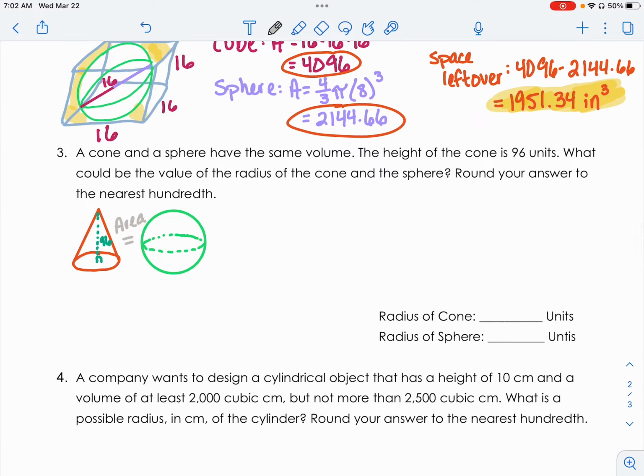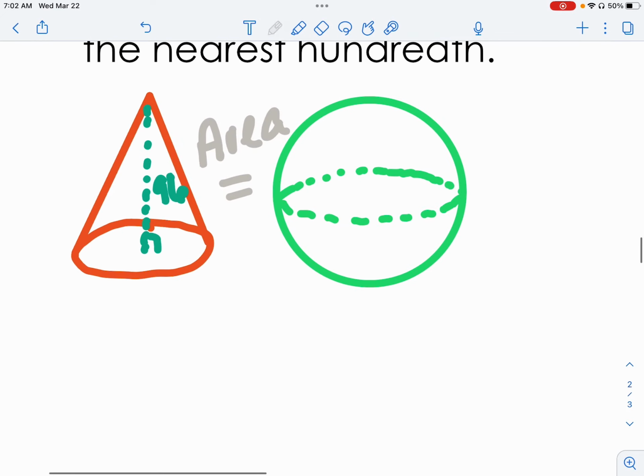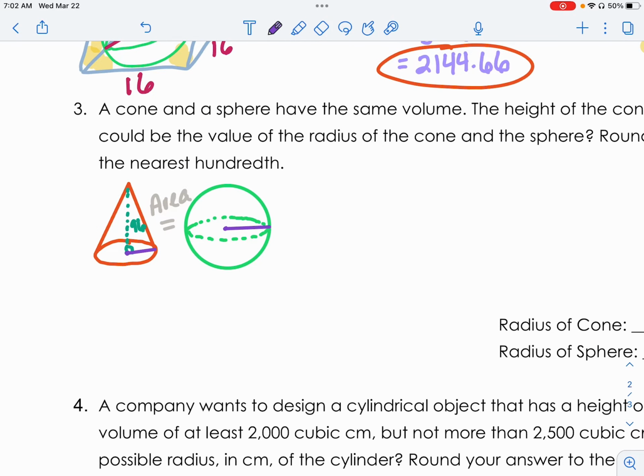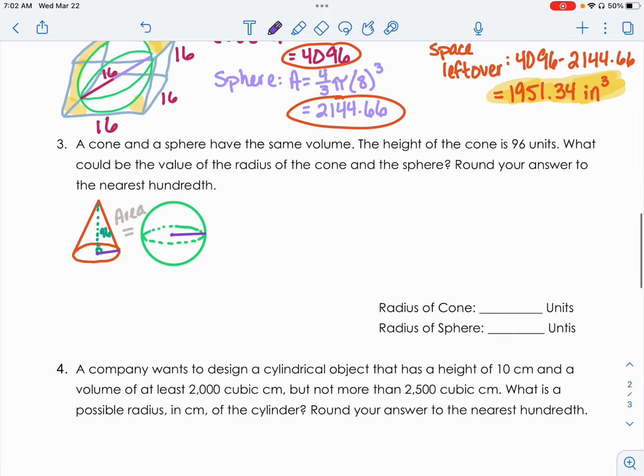They want to know, what could the value of the radius be? Your radius in purple would be here, and your radius in purple would be here. Now these pictures are not drawn to scale. Those two radii have to be the same.